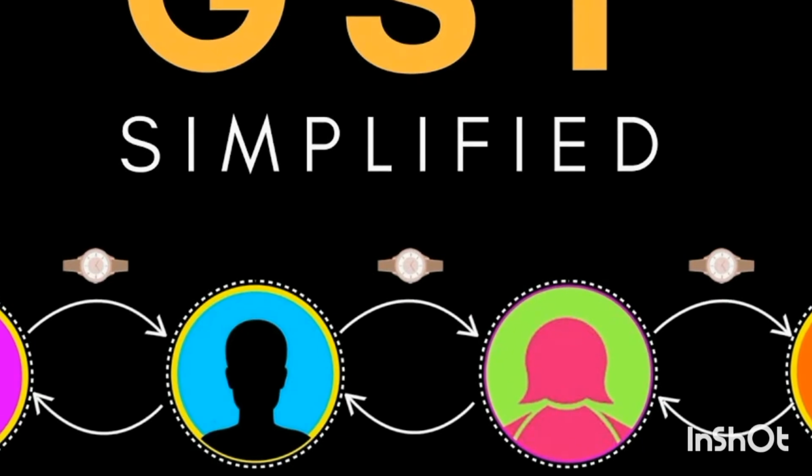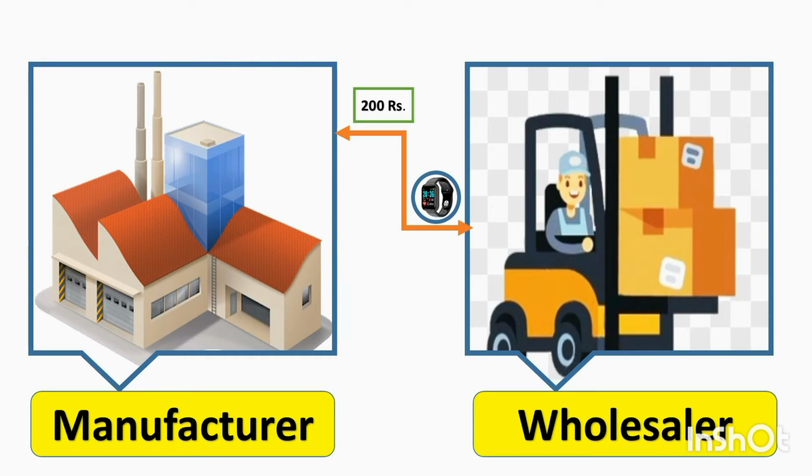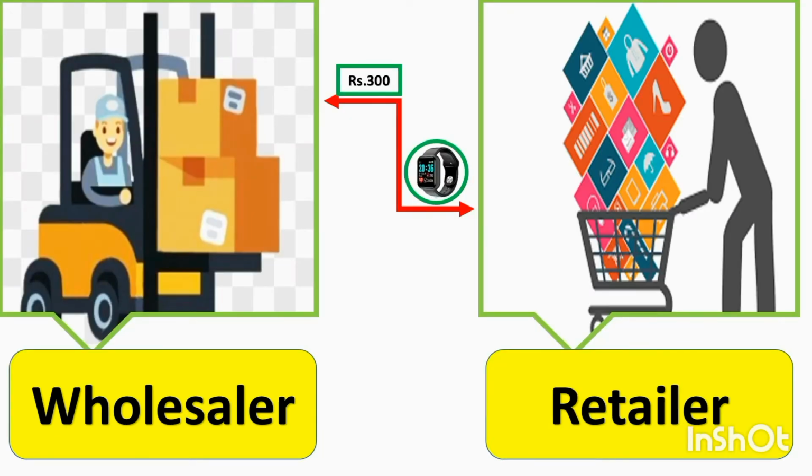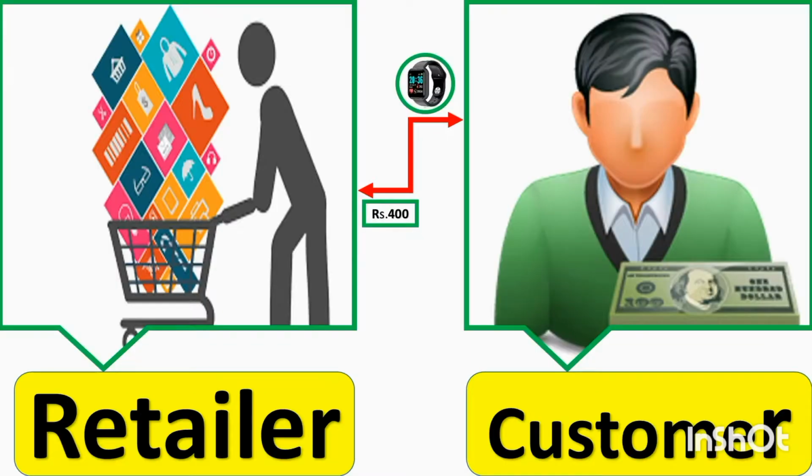Suppose a manufacturer of wristwatches has sold one watch for rupees 200 to the wholesaler. The wholesaler sold that watch for rupees 300 to the retailer. The retailer sold it to the customer for rupees 400.